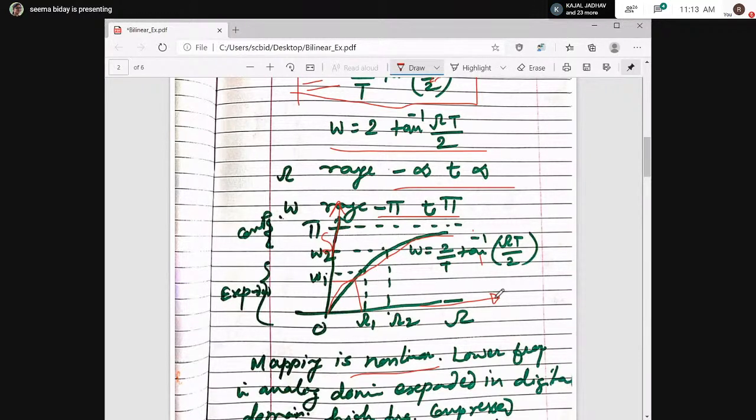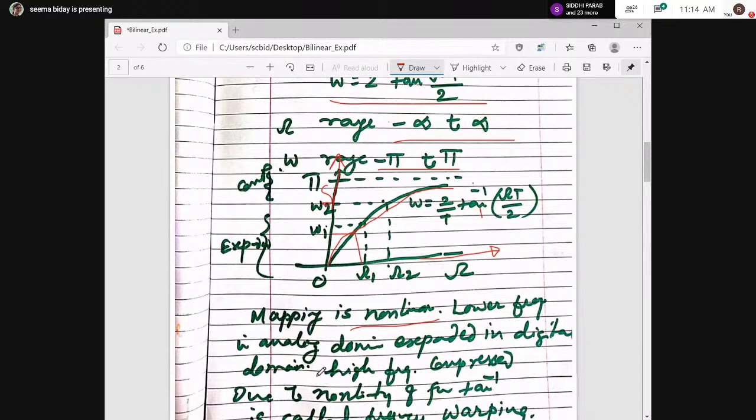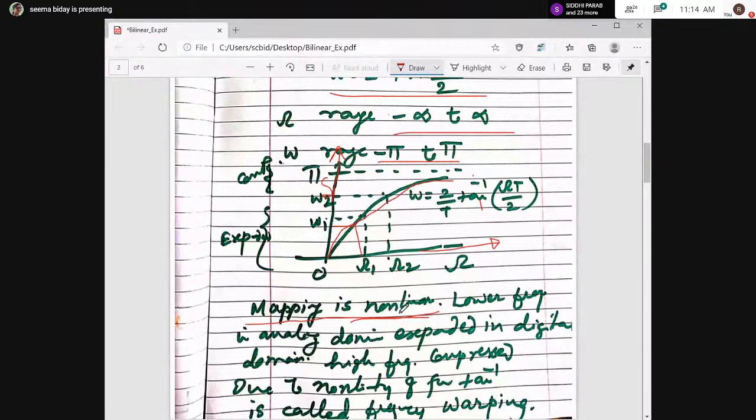This entire region is compressed into only w to pi, while this region is expanded, because see the curve. So the conclusion is that the frequency mapping is non-linear.